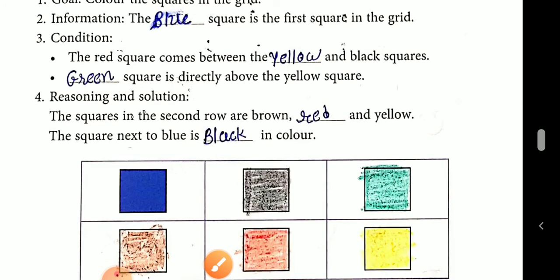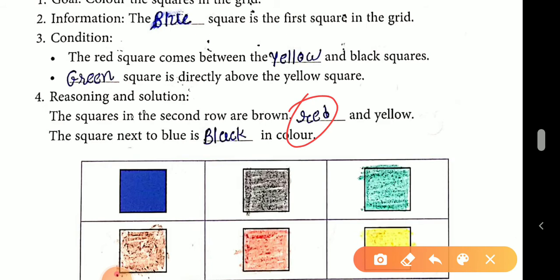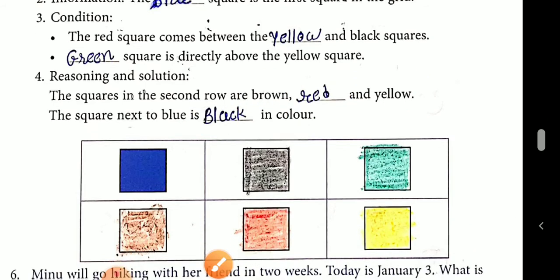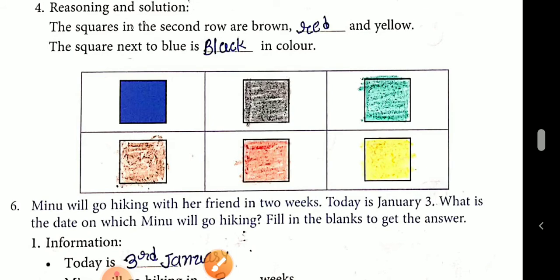The squares in the second row are brown and red and yellow. The square next to blue is black in color. So here I fill this color and I apply the solution. You can write in your textbook.